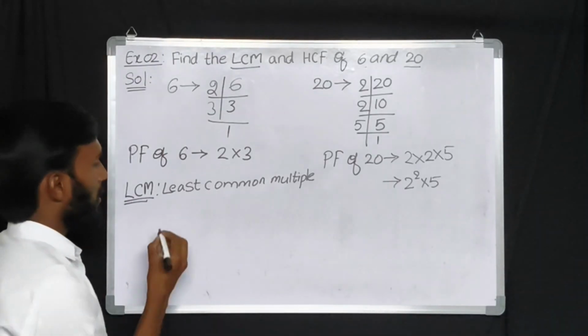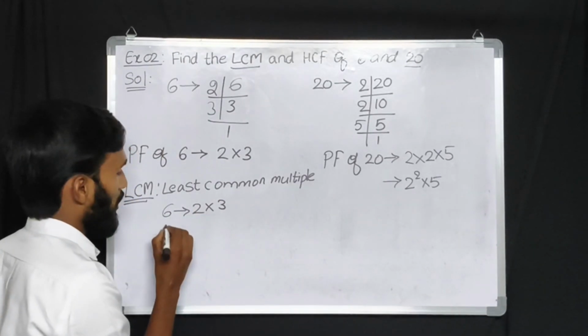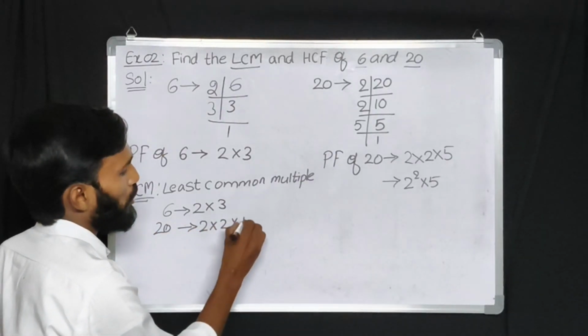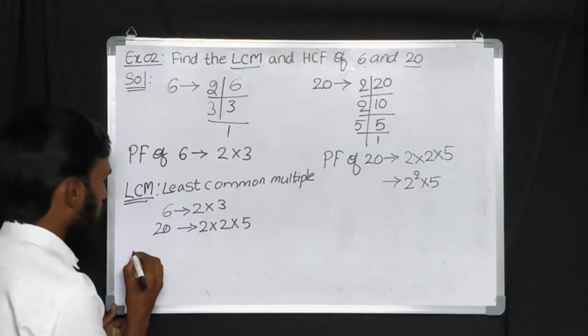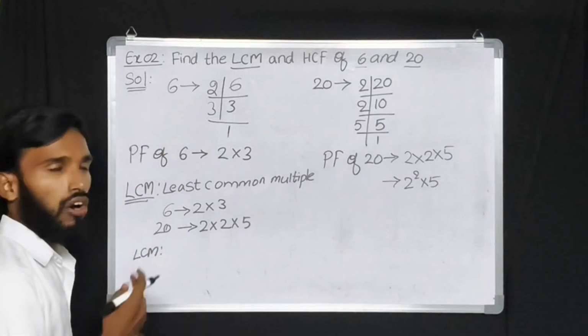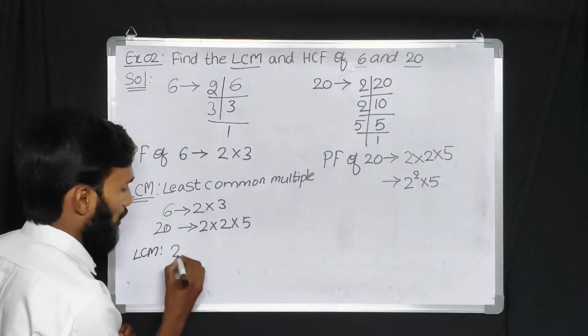If you observe here, for 6 you have 2 and 3. For 20 you have 2 into 5. First of all, what you have to do is write all the factors of these two numbers. What are they? We have 2, 3, 5.